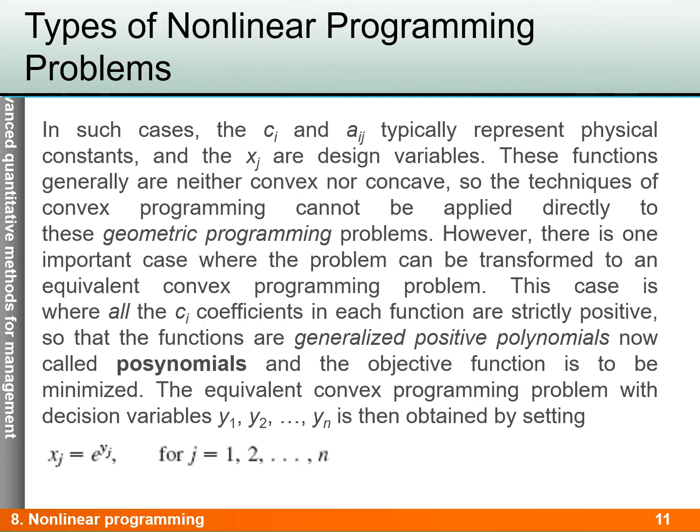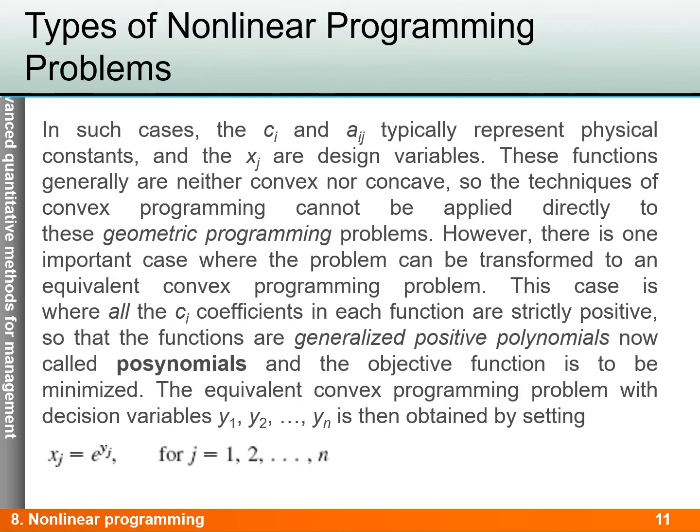So, to this end, the equivalent convex programming problem with decision variables y1, y2, up to yn is obtained by a change of variables. What do we do to change this one to the category of convex programming? We just change the decision variables xj to one new variable.